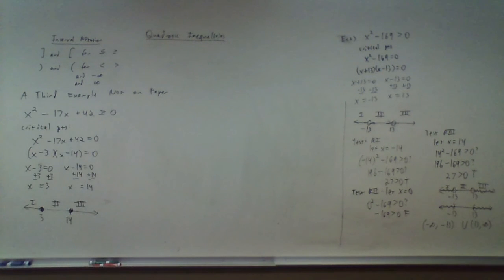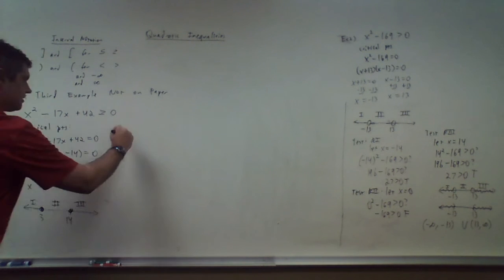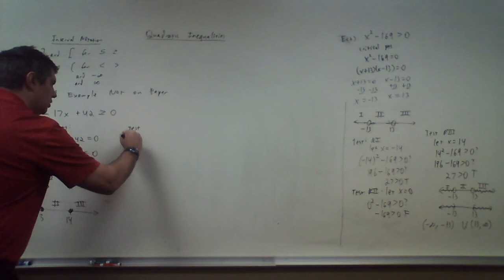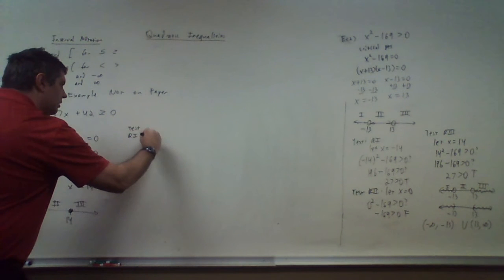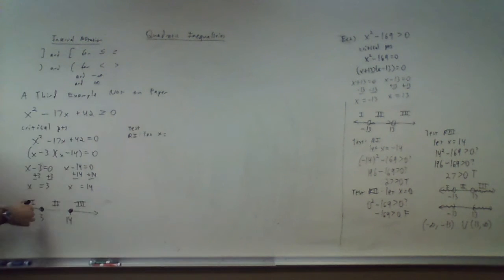Okay? Now it's test time. We test the regions. So test region 1, let x equal 0. 0 is in this region. Okay, so we'll use 0 for that region.